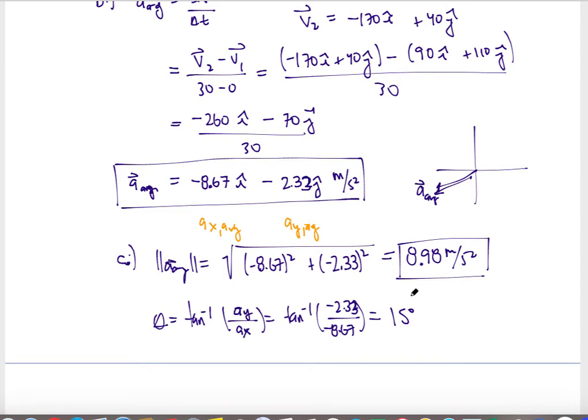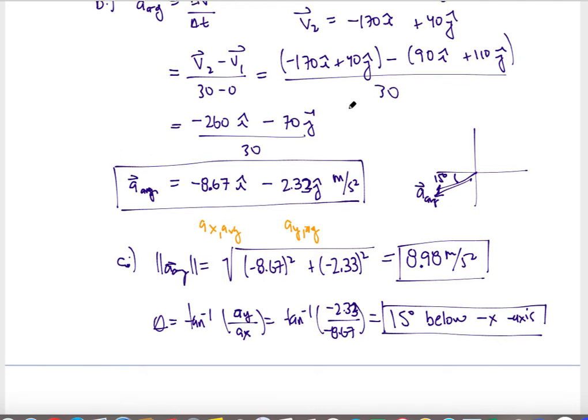So I need to be careful here because this 15 degrees is right here. I could really leave it as 15 degrees, but I need to make sure that it's 15 degrees below the x-axis in the negative direction. So I can say below the negative x-axis. And that is specific enough. You could use an alternative definition. You could say that it is 195 degrees from the positive x-axis, but be sure you're specific.